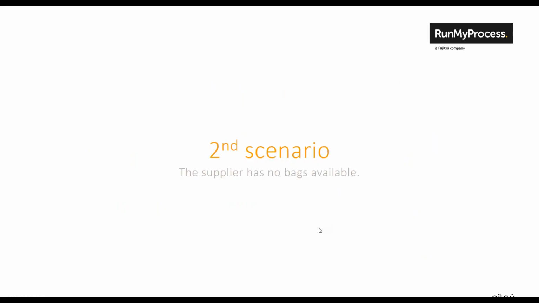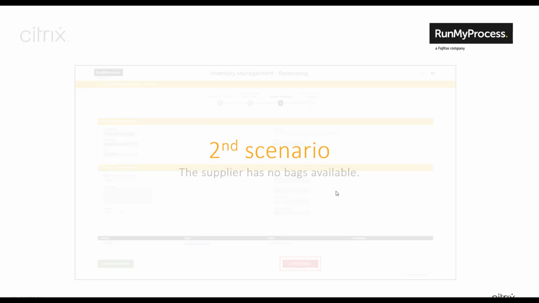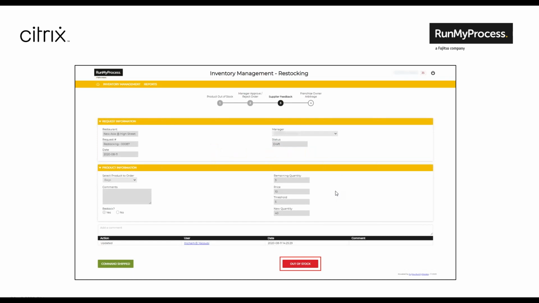The difficult part is what happens when the supplier has no bags available, because in this scenario, someone else needs to take action. So as a restaurant manager, Brian, you cannot get the material from the supplier, so you escalate the issue to the franchise owner. Or rather, it's actually already the supplier who does that, because he said, I'm out of stock, I cannot supply that.